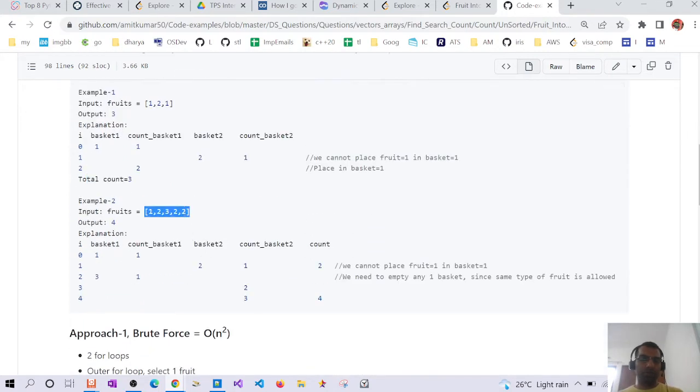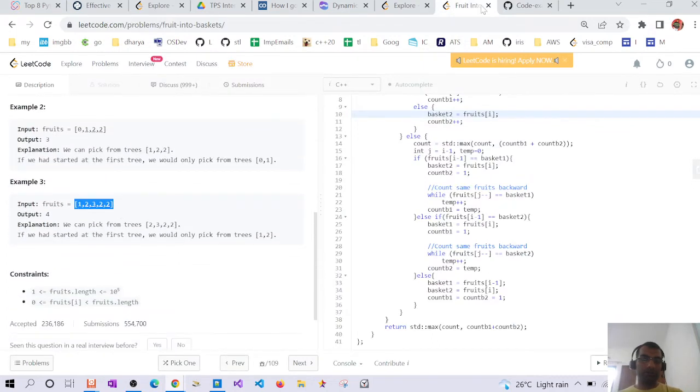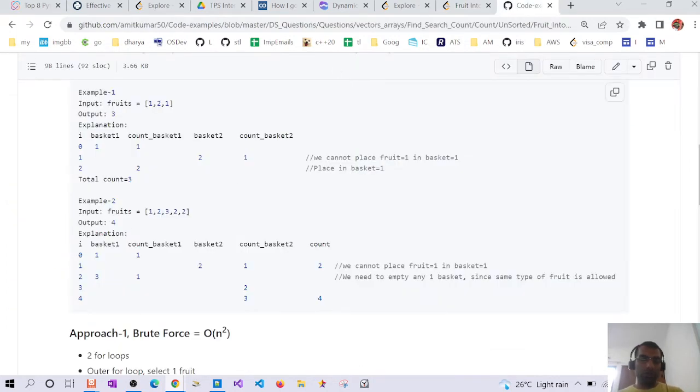Let's go to this example to understand it. This is also an example given here. Now we again have the two baskets, basket 1 and basket 2. We start from this fruit and place it in basket 1. Then we reach here, we find that basket 1 is already filled, so we place it in basket 2. Then we reach index 3. Now we find that both baskets have different types of fruit.